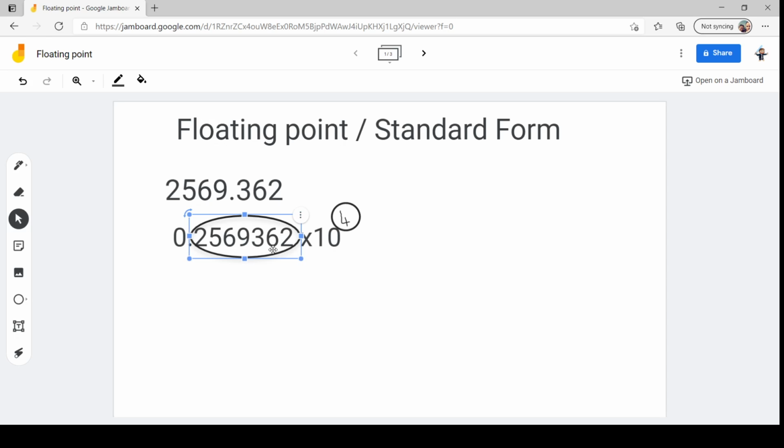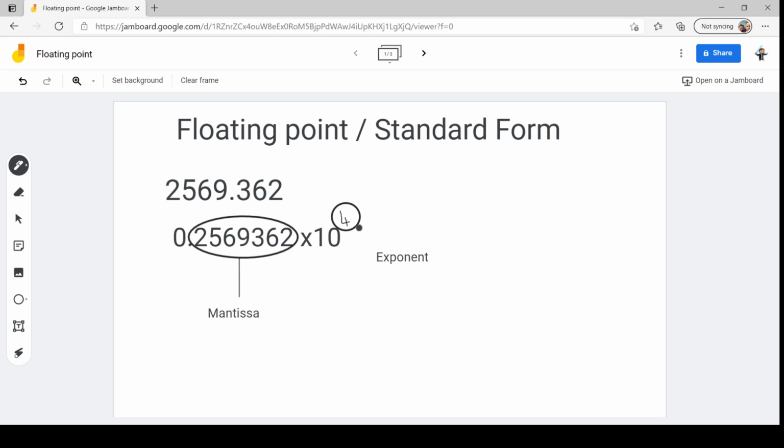This number is called the Mantissa. So the full number without the decimal point, so ignore the 0 point, would be the Mantissa, and this number would be called the exponent.